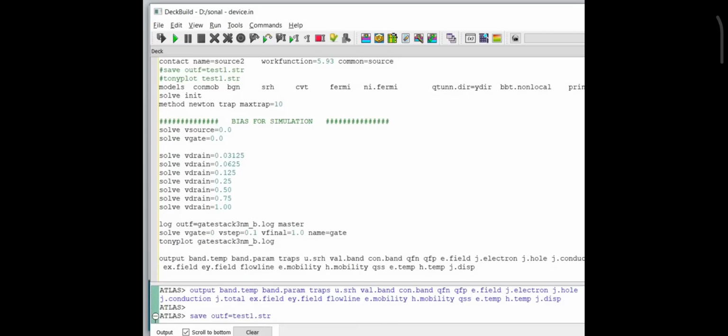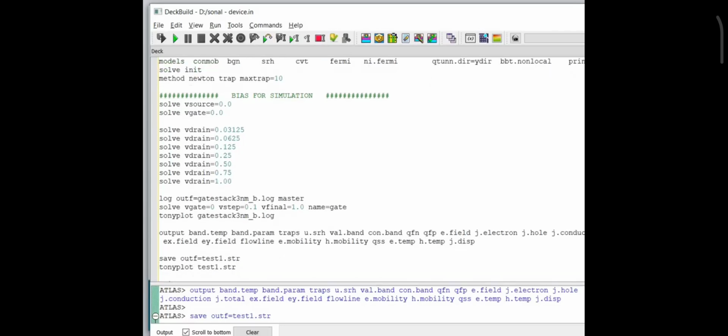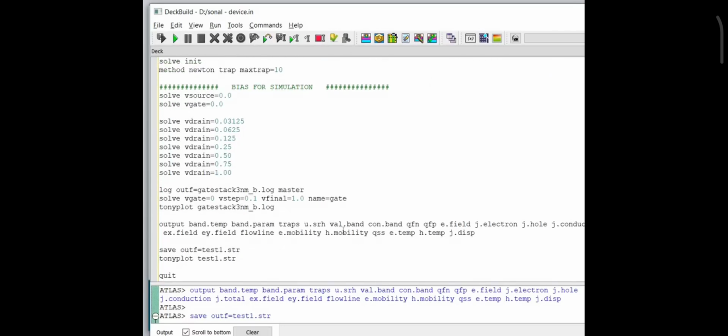Next you have to create the log file and increase the gate voltage from 0 to 1 volt. Next we have to observe the output waveform with the help of the TonyPlot command. Next I will define the various commands: output band, trap charges, surface potential, electron density, electron mobility.